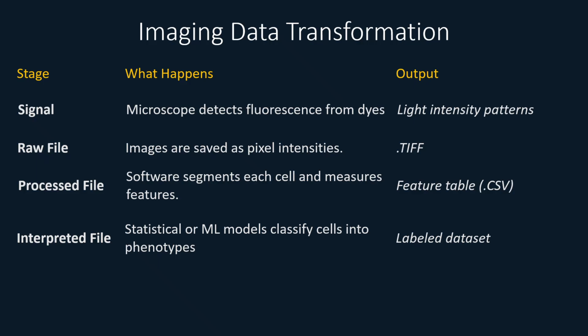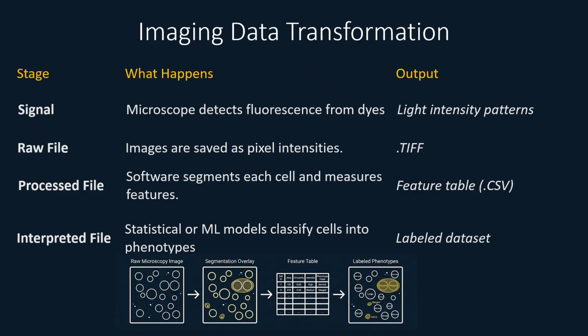These labels become your ground truth, but they are only as reliable as the upstream segmentation, feature extraction, and sampling decisions, which are usually invisible once you are working with the CSV file.